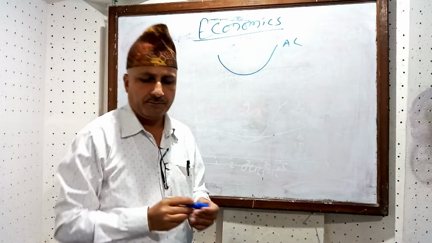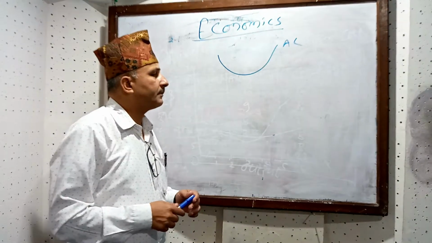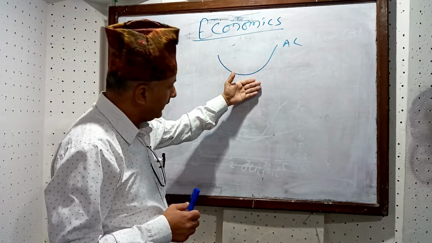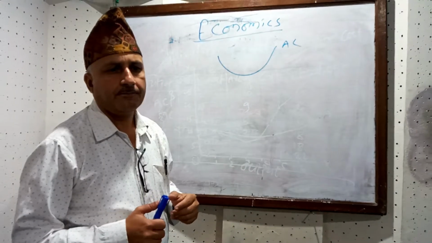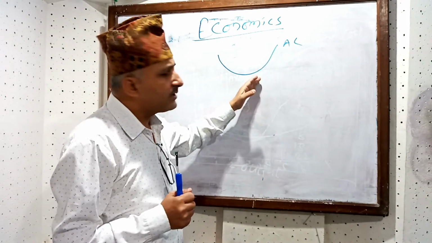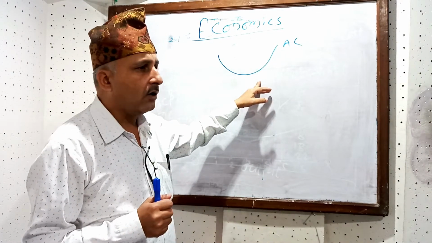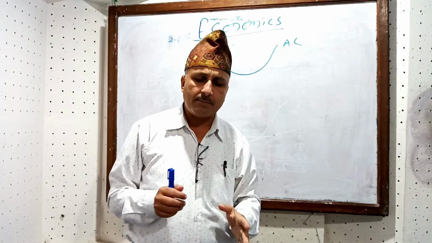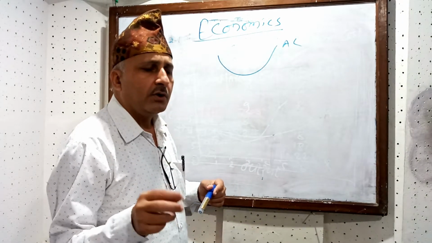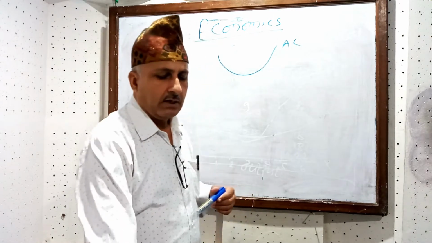Why does this happen? The U-shape of the AC curve is due to different types of reasons. The most important reason behind this is that the law of variable proportions operates in the process of production. You must remember that in class 9 you had also studied the law of variable proportions in the economics subject.